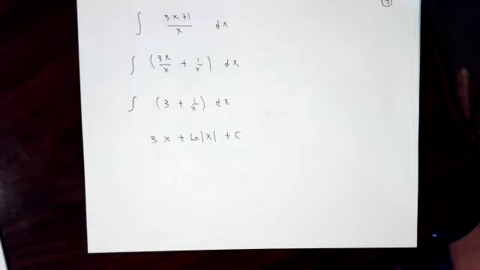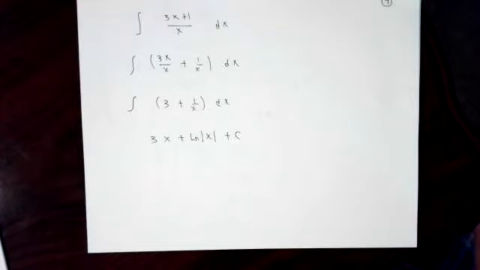We can also do, by algebra rearranging, some problems that are not strictly speaking polynomials themselves. If I wanted to integrate 3x plus 1 divided by x, I would split it up into the two simpler terms, 3x over x plus 1 over x. Cancel the x's out in the first one.